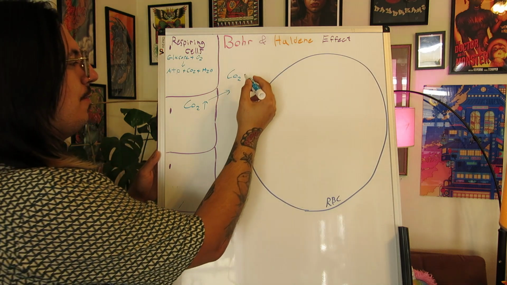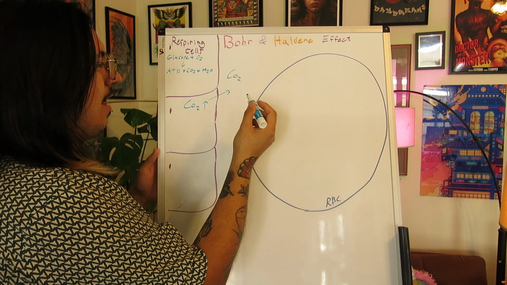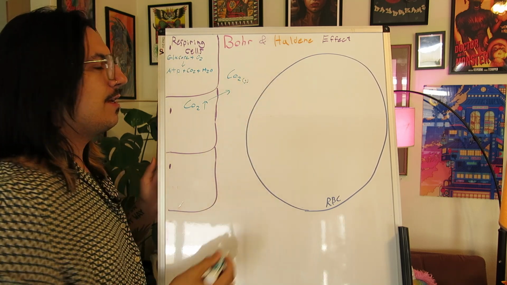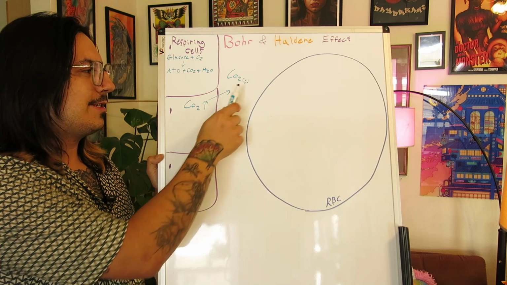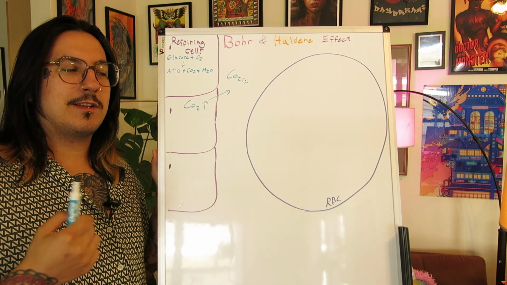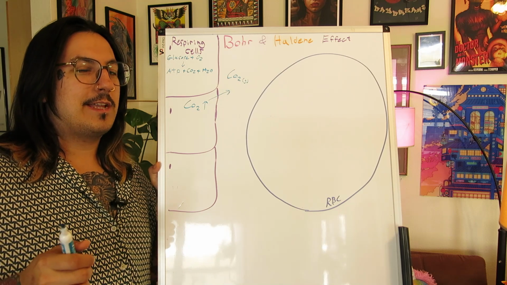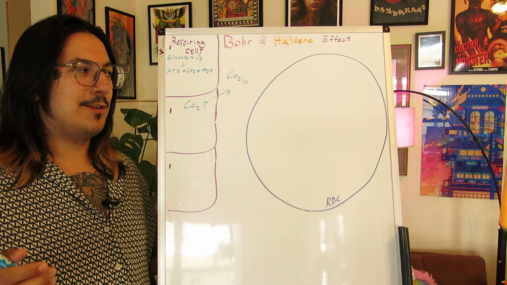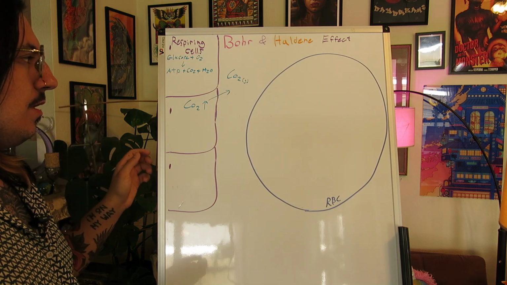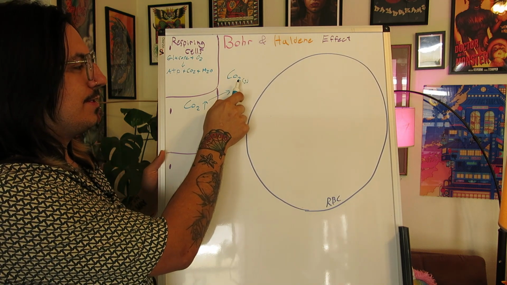Remember, CO2 is a gas, and we can't have this gas in your bloodstream, because, think of your blood acting like soda. That's going to be dangerous for you. So we have to figure out how to get rid of the CO2.